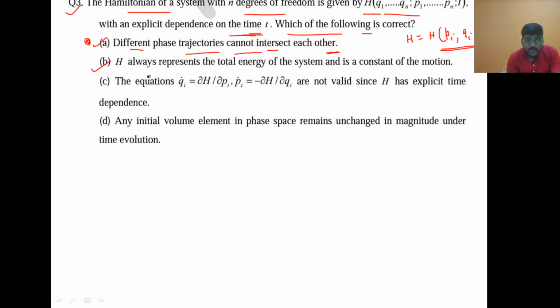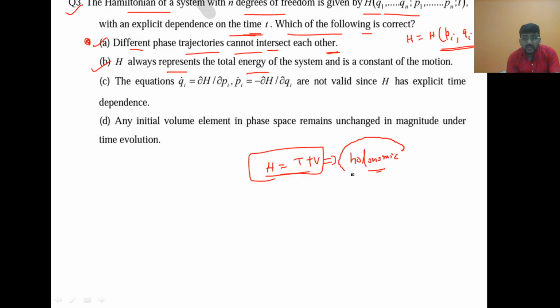Option B is: H always represents the total energy of a system and is a constant of motion. This statement is not always correct. We know H is the total energy, that is T plus V, but this is only for a holonomic system.